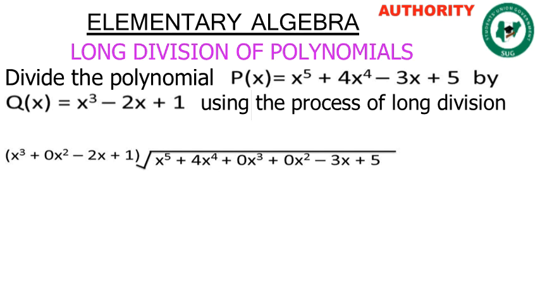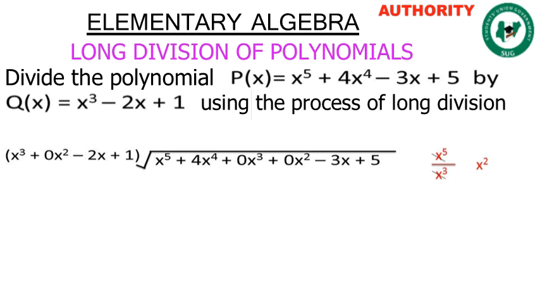Then we say x raised to power 5 divided by x raised to power what? 3. When you cancel 3 x's in x raised to power 3, and you also cancel 3 x's in x raised to power 5, what will be remaining is what? x raised to power 2. That means x raised to power 5 divided by x raised to power 3 is x raised to power 2.